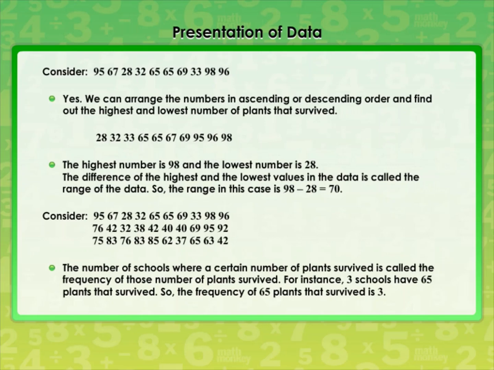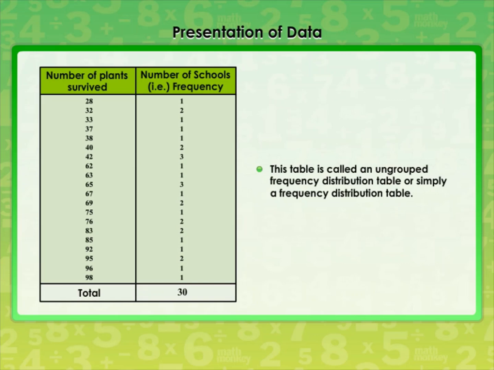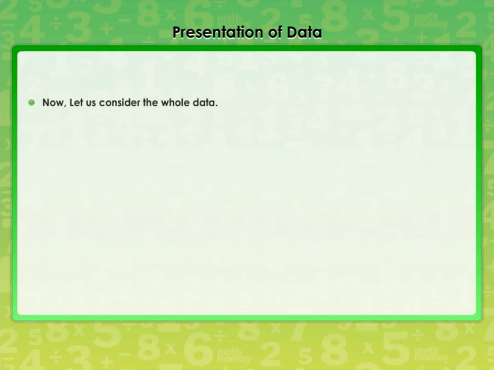For instance, 3 schools have 65 plants that survived. So, the frequency of 65 plants that survived is 3. To make the data more easily understandable, we write it in a table. This table is called an ungrouped frequency distribution table or simply a frequency distribution table.